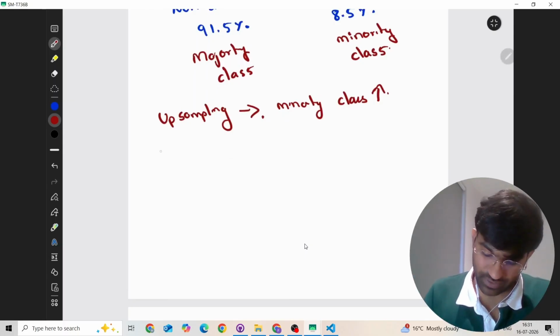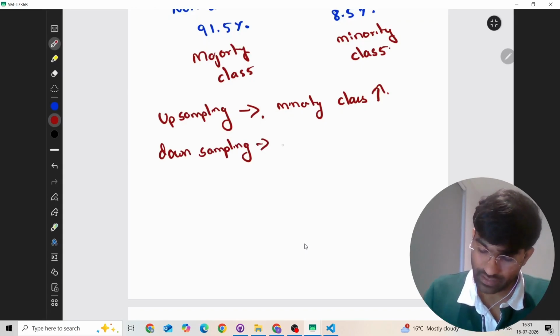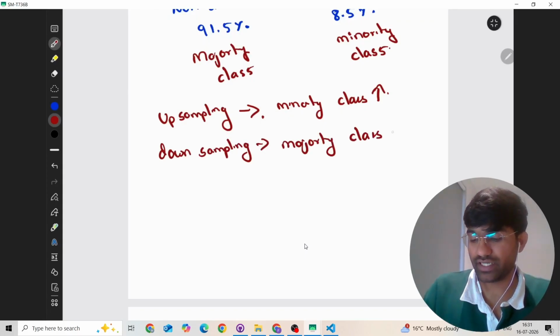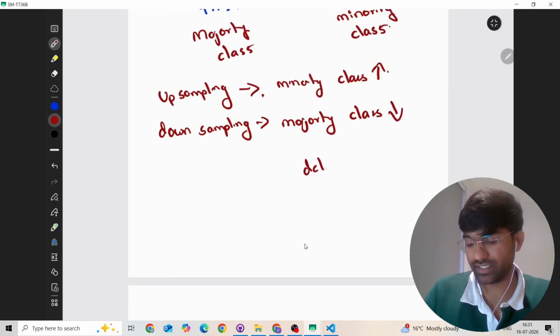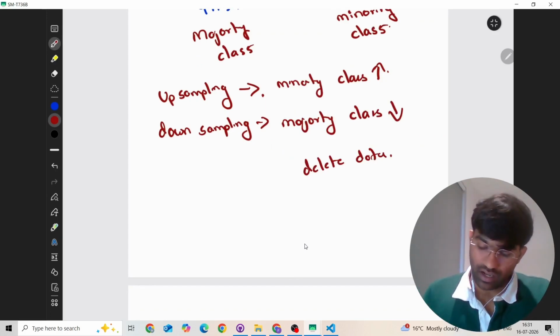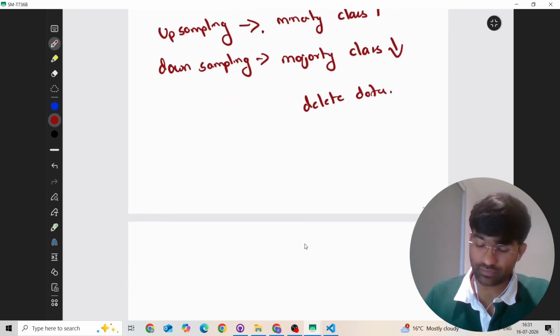And in downsampling, it will decrease the majority class. It will delete some of the data points from the majority class. So this is the upsampling and downsampling technique.